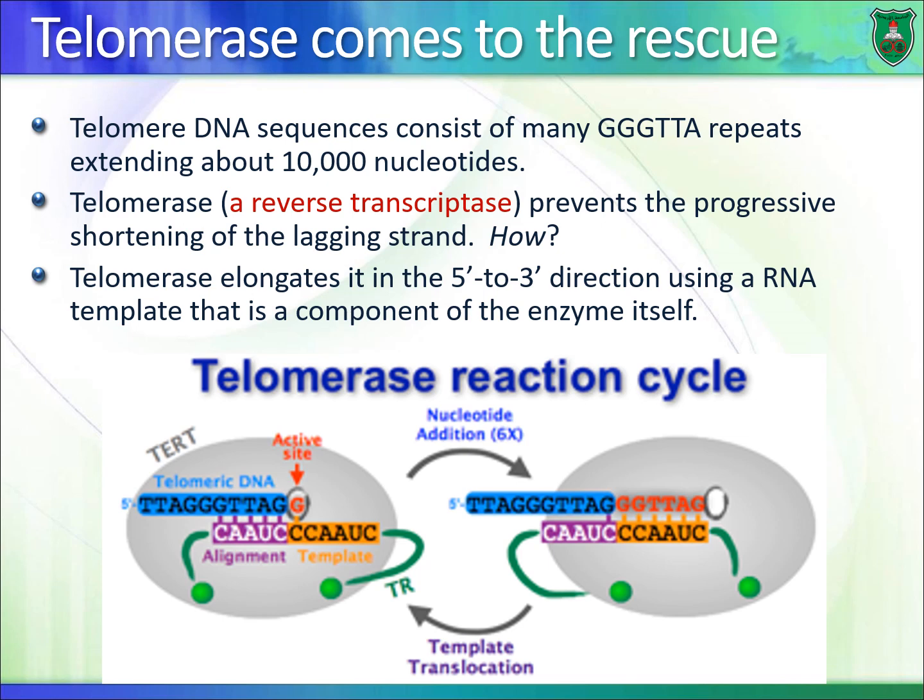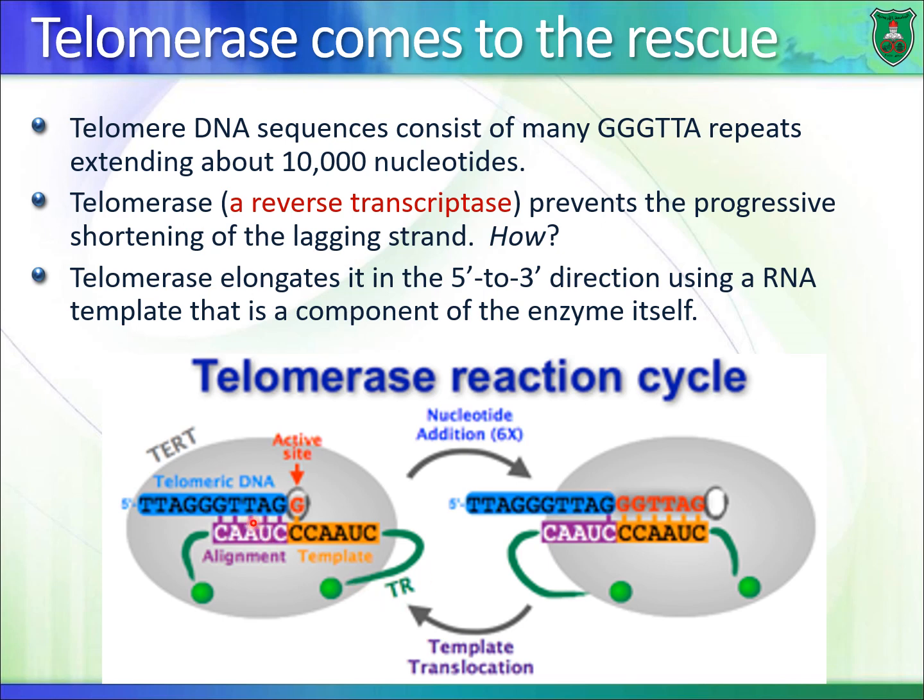This telomerase is a ribonucleoprotein, meaning that it is made of protein plus RNA, and that's why it's known as a ribonucleoprotein. Now, what is this RNA? It functions as a template.